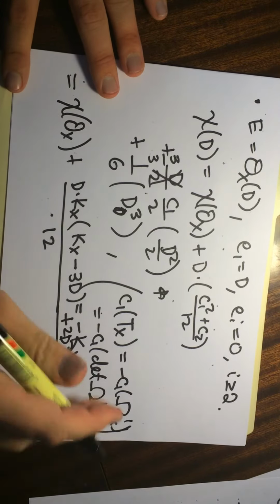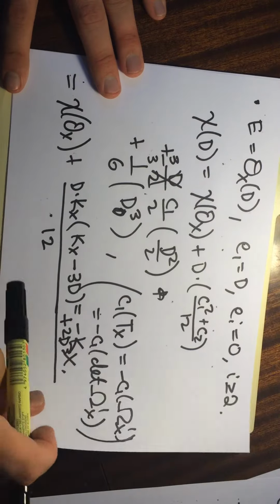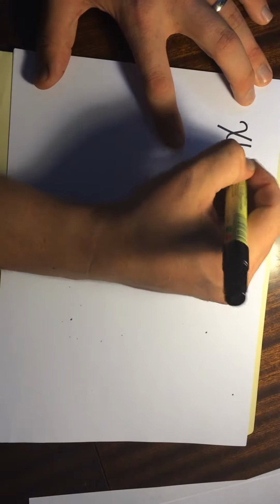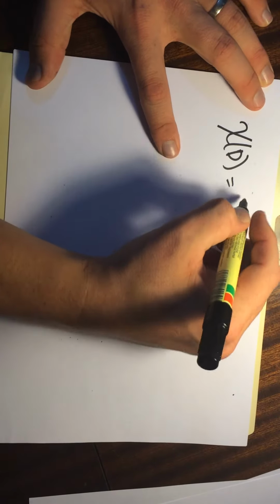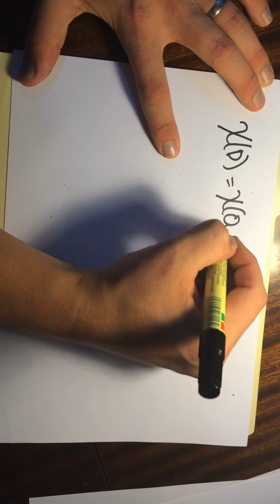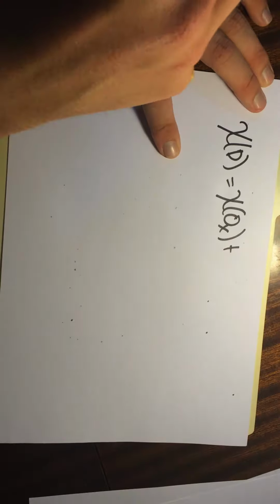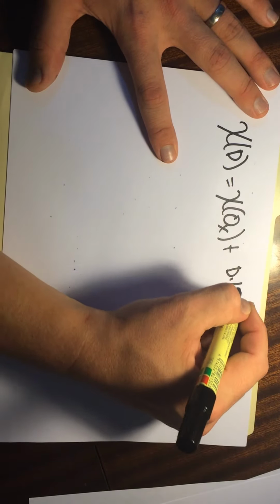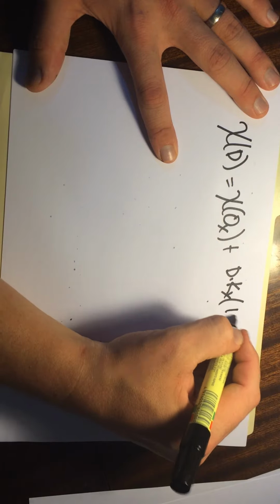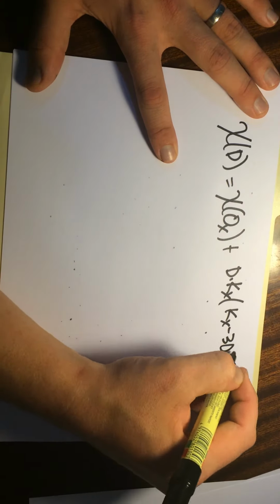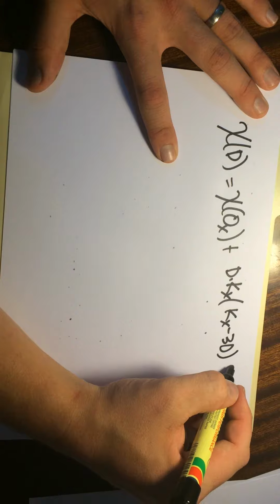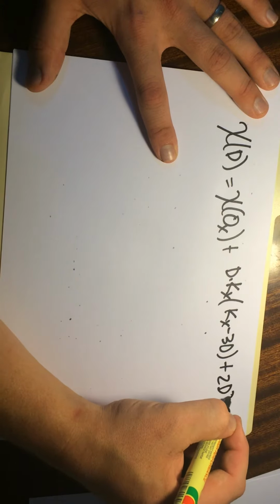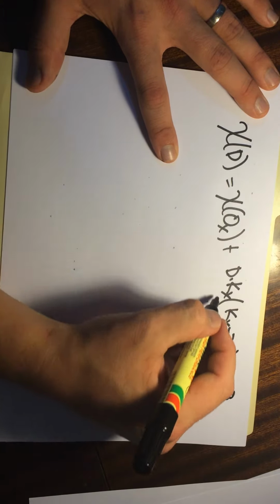Okay, so this is kind of a nice formula. Let me write it out neatly. So the other nice, neat formula is the following: chi of D is equal to chi of O of X plus, and then we have D dot K of X, K of X minus 3D, plus 2D cubed, all divided by 12.